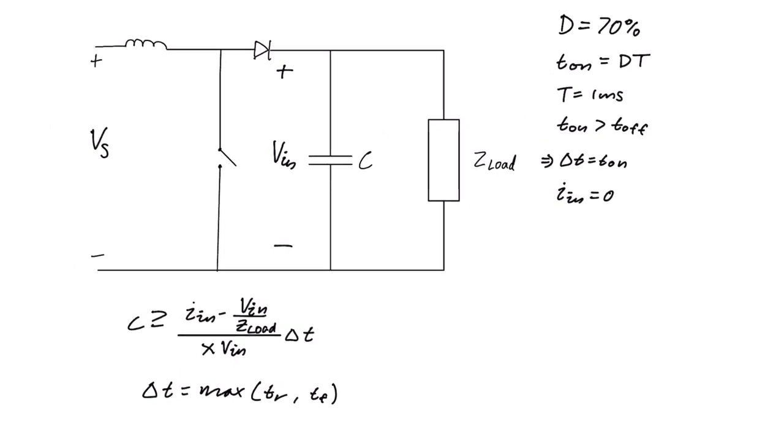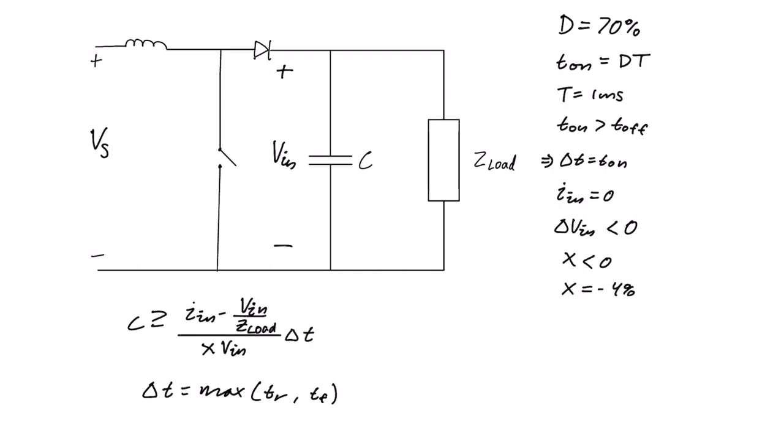So when T is on, the change of V in would be negative. This will mean that X is also below 0, right? Let's say that we want the ripple voltage to be 4%. That would mean that the X would be minus 4%.